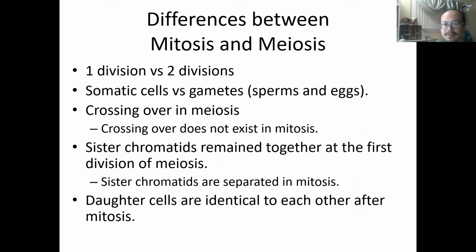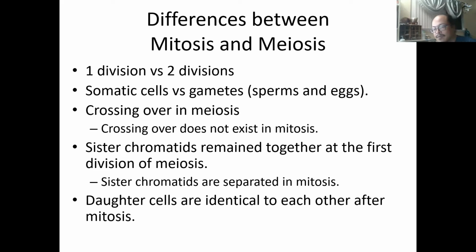So this summarizes the two types of cell division, mitosis and meiosis. Mitosis conducts one division, meiosis conducts two divisions. Mitosis is the division used for the somatic cells, the body cells. Meiosis is a division for the gametes, the sex cells. The result of meiosis is the reduction of the number of chromosomes. A sperm cell doesn't have the full number of chromosomes, it only has half.